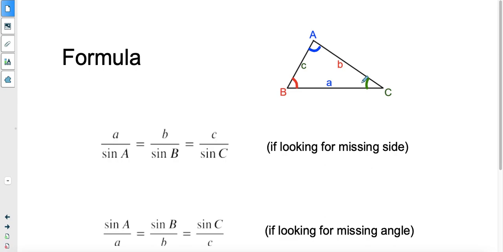The side across from our angle we label using lowercase letters. So, the side across from angle C we can label with lowercase c. The side across from angle B we can label with lowercase b. And the side across from angle A we can label with lowercase a.